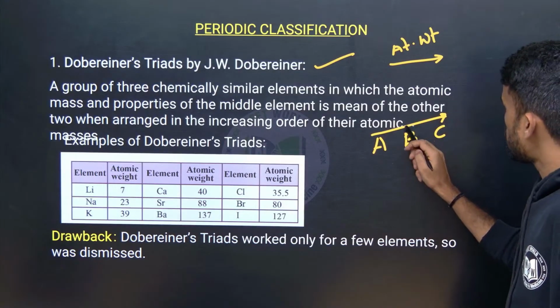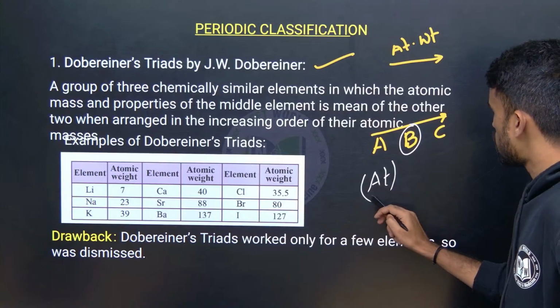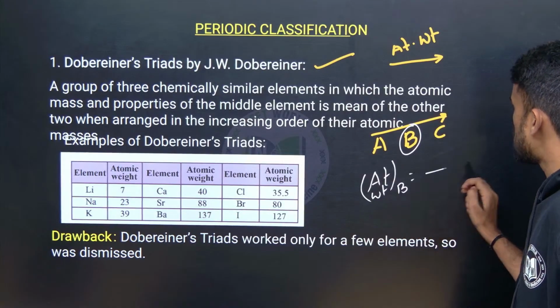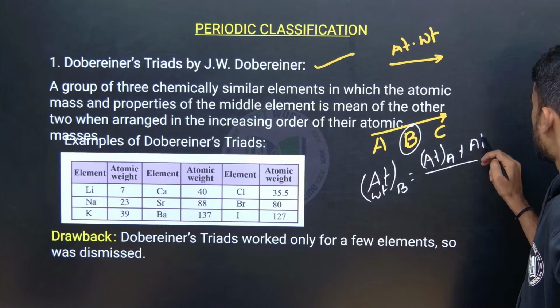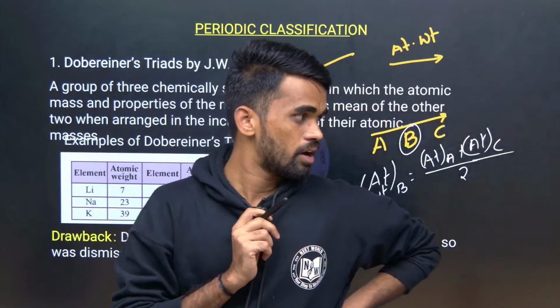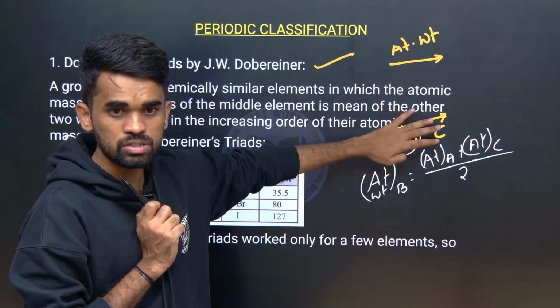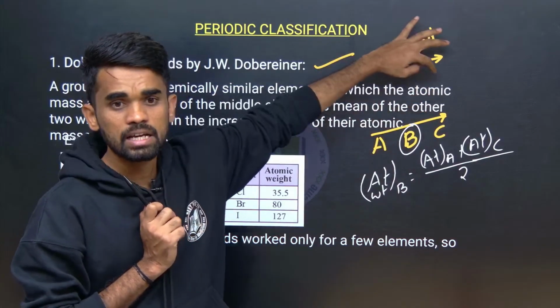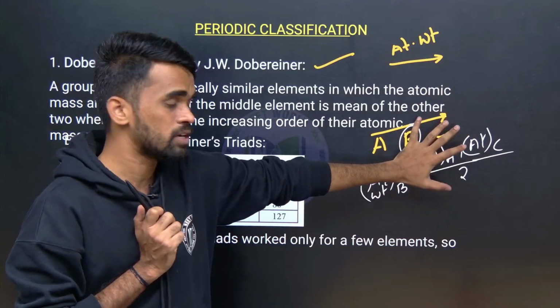Now the atomic weight of the middle element, atomic weight of B, is the average of atomic weight of A plus atomic weight of C, that is, A plus C by 2. This is how we do the average. So the atomic weight of B, the central atom, equals the average of the first and third elements. This is what he analyzed.